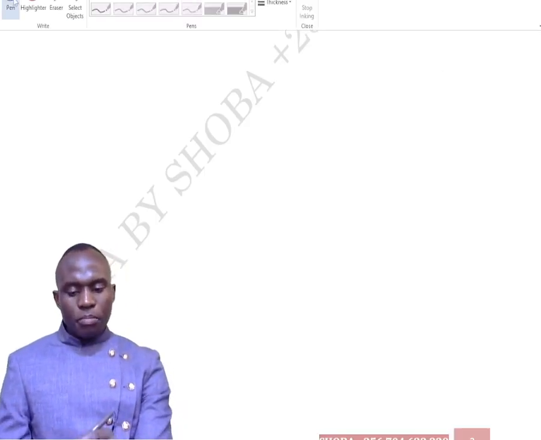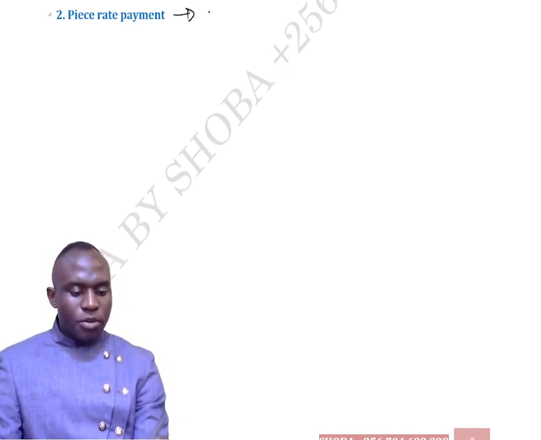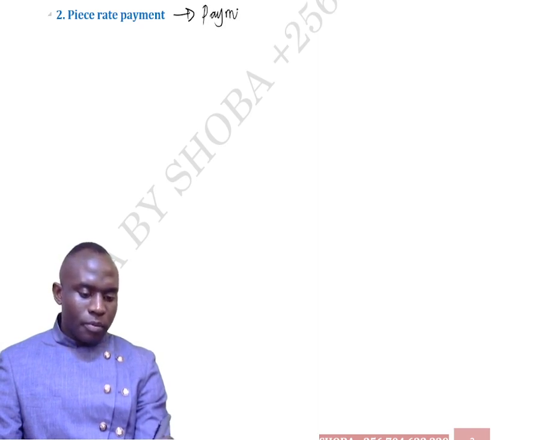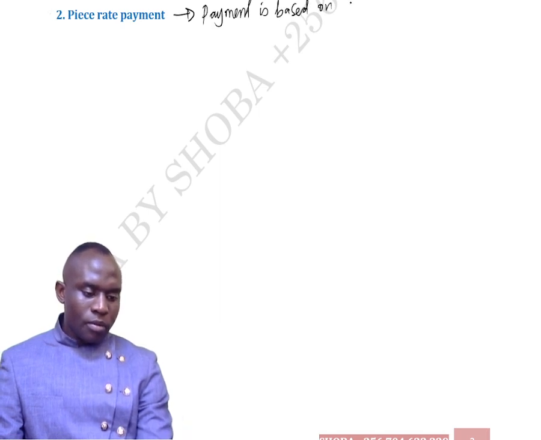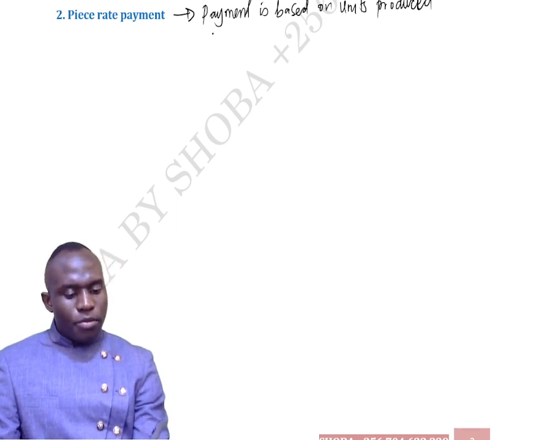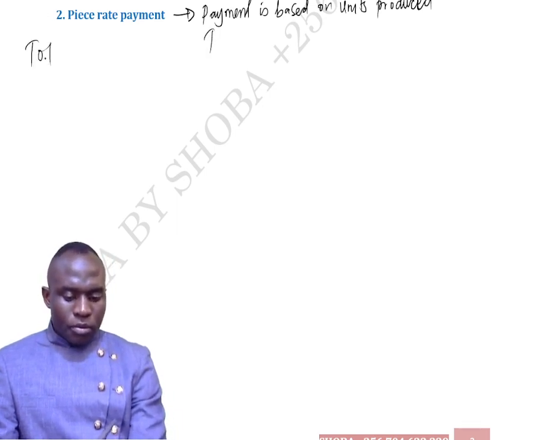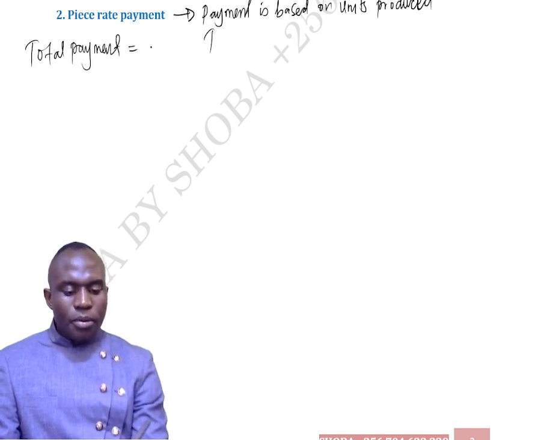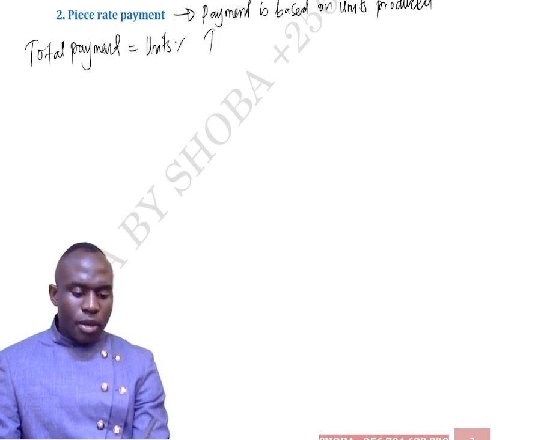Next is piece rate payment. Now in piece rate payment, the payment is based on the units produced. If you want total payment, it would be the number of units times the payment per unit.